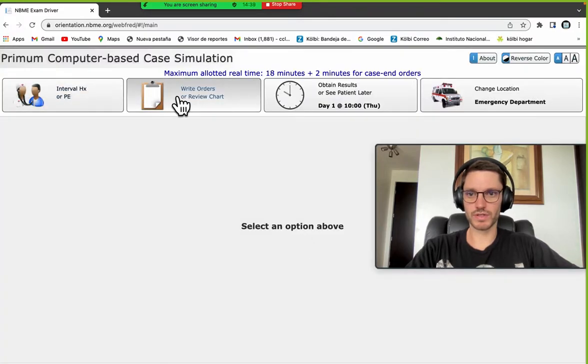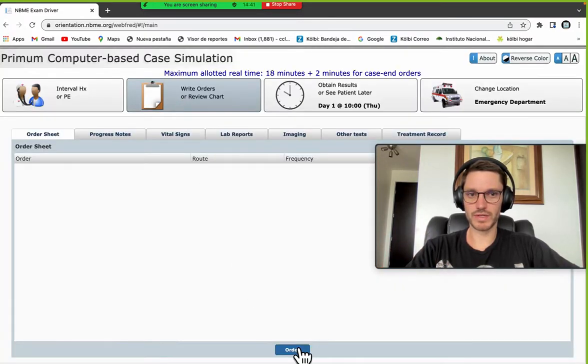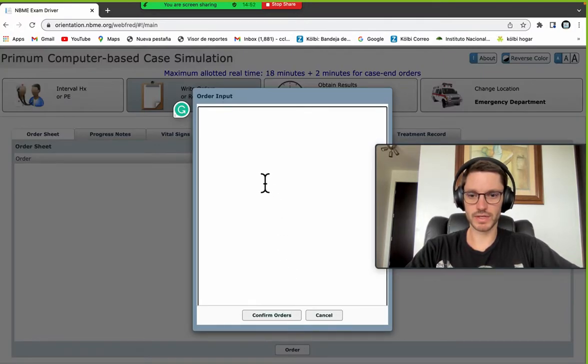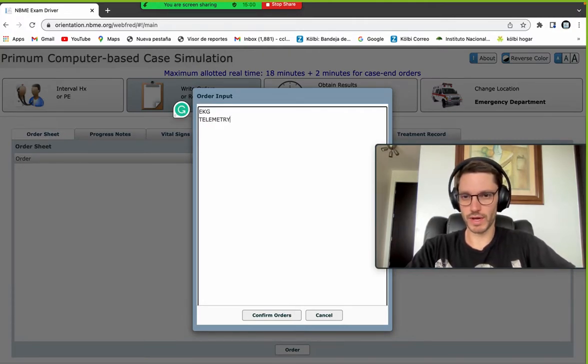So first off, what we wanted in this patient is we want her monitored. So she's in the emergency department. That's the place I want her right now. She needs initial stabilization. Can't send her to ICU yet, although she'll probably end up in the ICU. Telemetry. Actually, if you write 3 letters, I think it might recognize it.